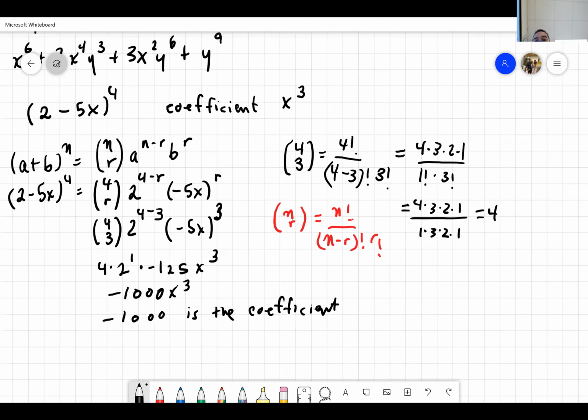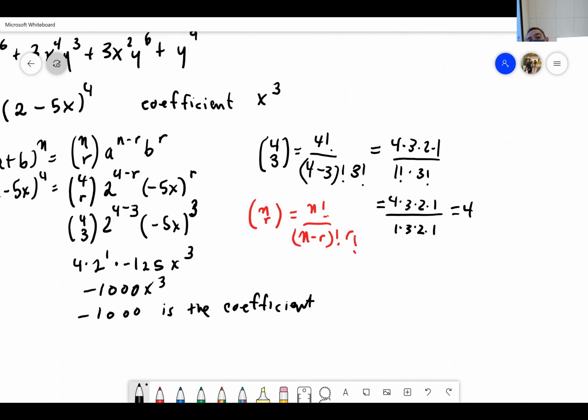Now, if you did Pascal's triangle, this here is 4, 0, 4, 1, 4, 2, 4, 3, right?